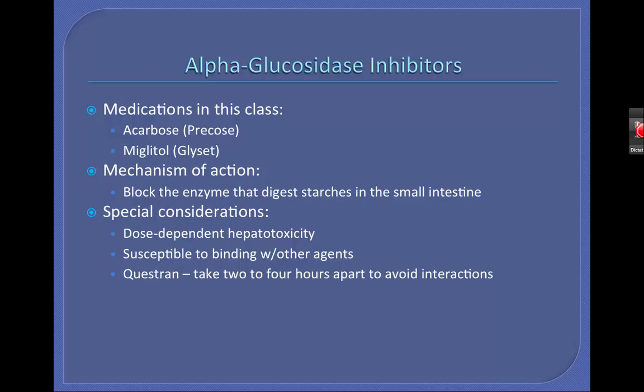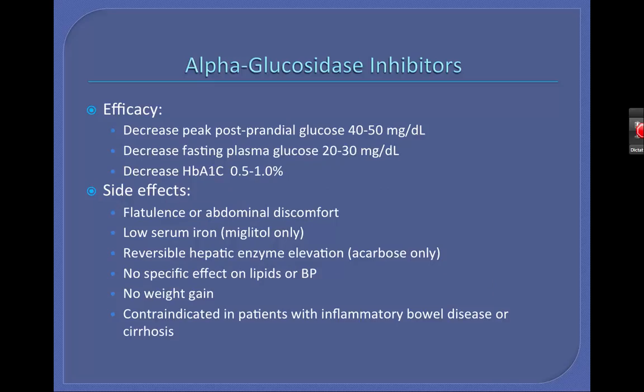Susceptible, meaning it can bind with other agents and be dangerous. Take 2 to 4 hours apart to avoid interaction with alpha-glucosidase inhibitors. This medication is used as a second-line therapy or in combination with sulfonylureas or metformin. There's also a note that there's poor patient compliance due to GI symptoms.